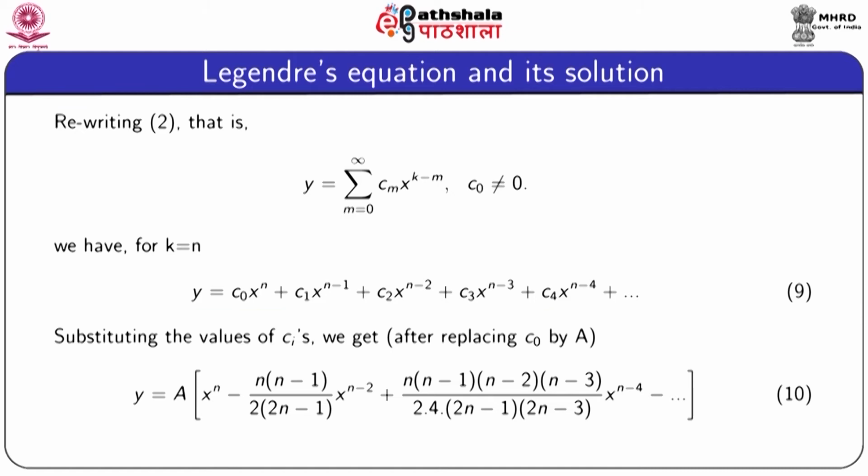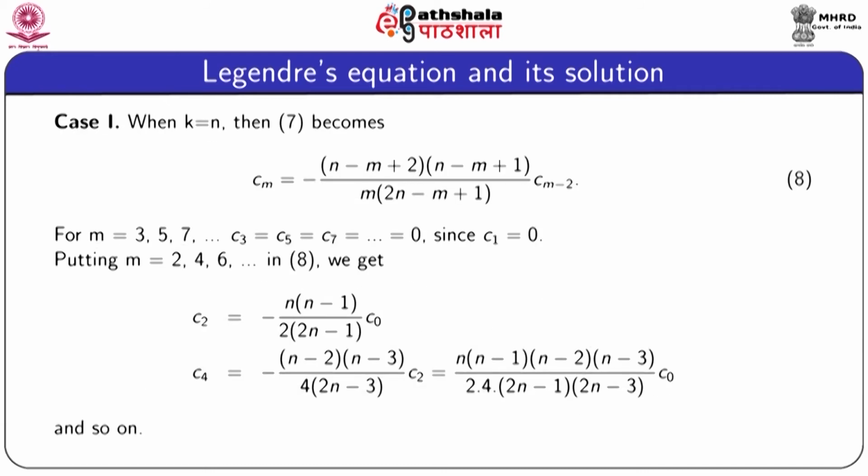Now, substituting all the values of c i from the previous expressions, all the c i's with odd indices are 0, and there are all the even values of c i, that is c 2, c 4, c 6 and so on.